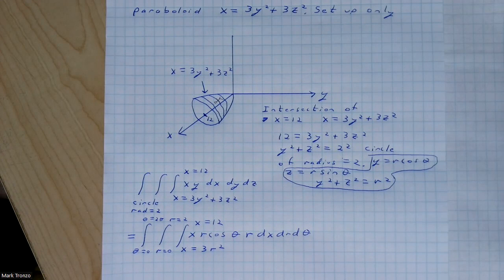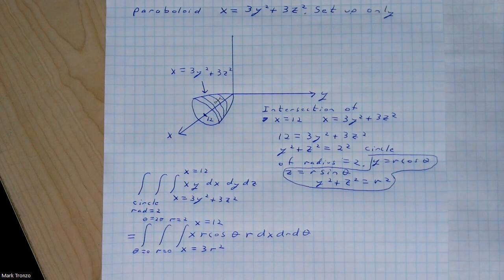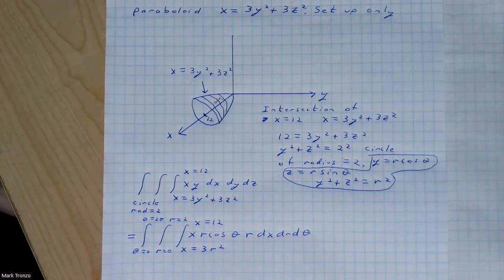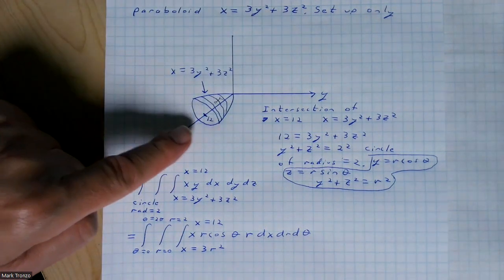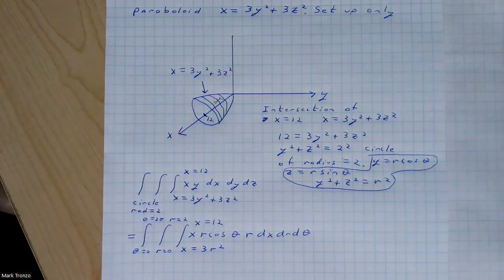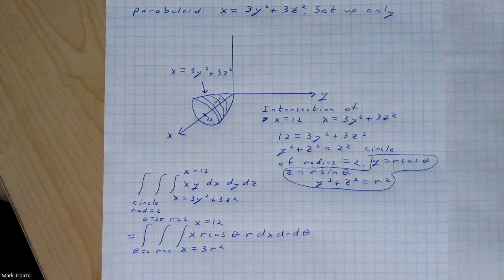So again, decide what the most natural direction is. The most natural direction is going to be x first. Imagine standing in the positive x direction. Your feet are on the paraboloid x equals 3y squared plus 3z squared. Your head is pointing towards x equals 12.